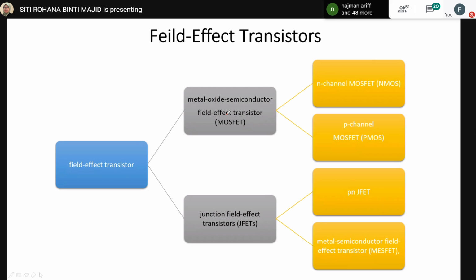And also the junction field effect transistor is metal. So they couple metal and semiconductor. So semiconductor, for example, like gallium arsenide, and then they couple with metal. In some cases they will use gold, I mean metal, or platinum, or silver.